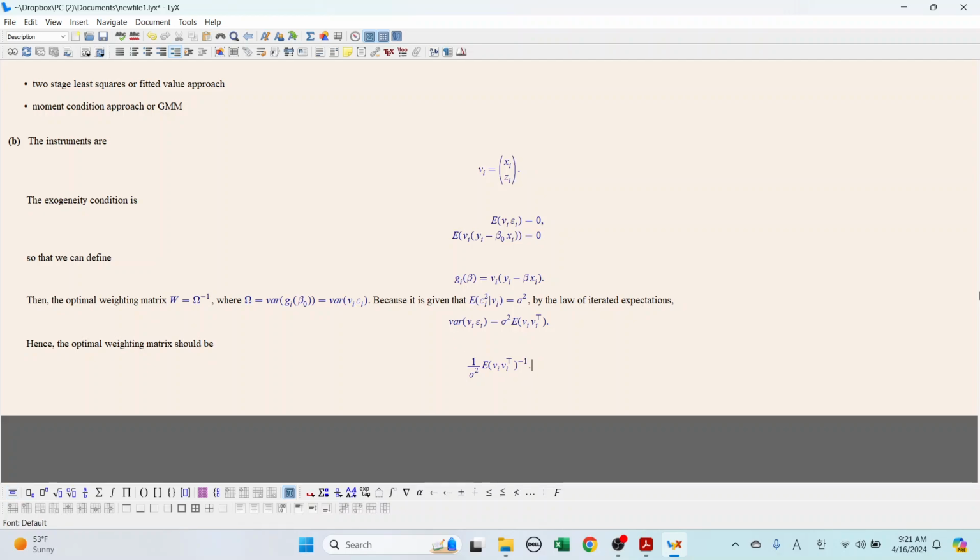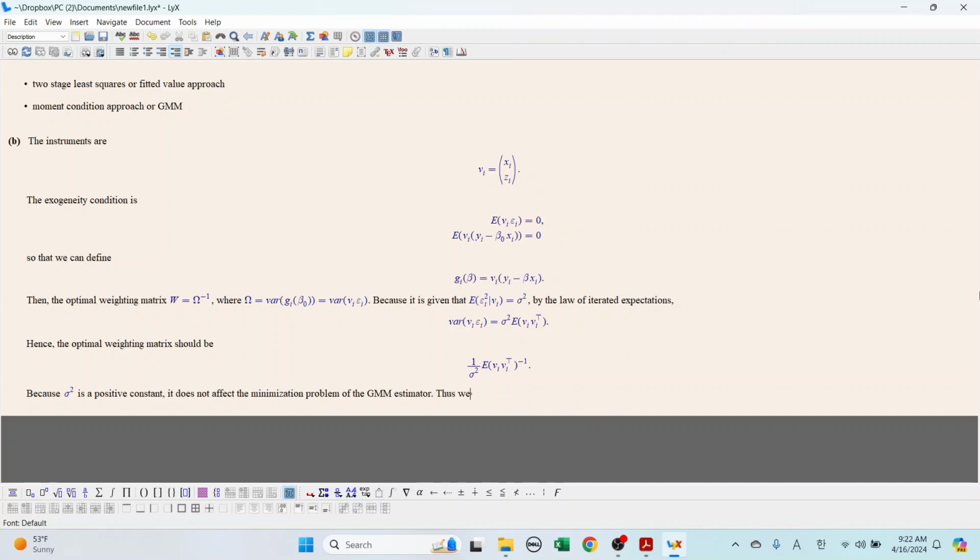But because sigma squared is a positive constant, it does not affect the minimization problem of the GMM estimator.